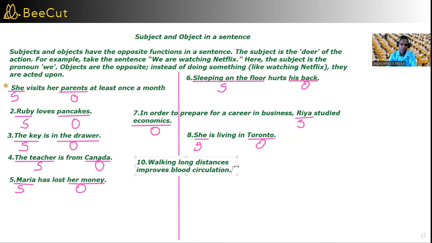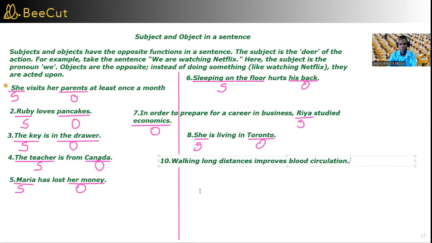And here is the sentence. Walking long distances improves blood circulation. Yes. So what is the subject and what is the object of this sentence, Ejiro? Let me see your face. Okay. Walking is the subject. Blood circulation is the object.